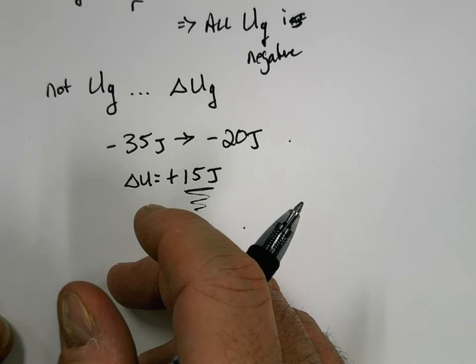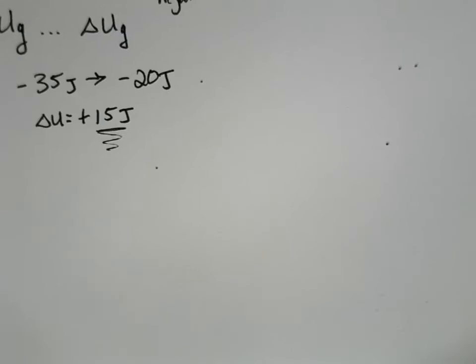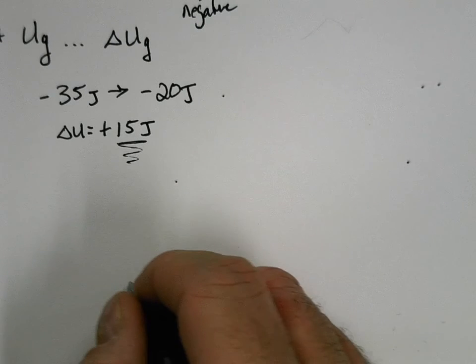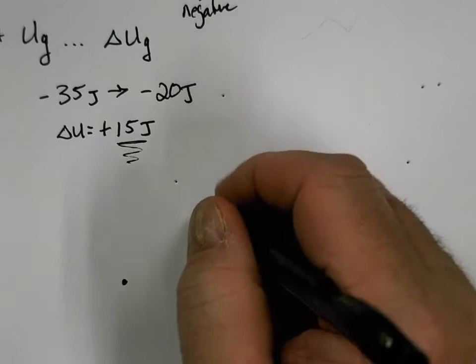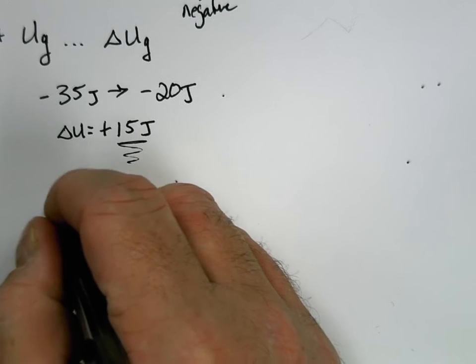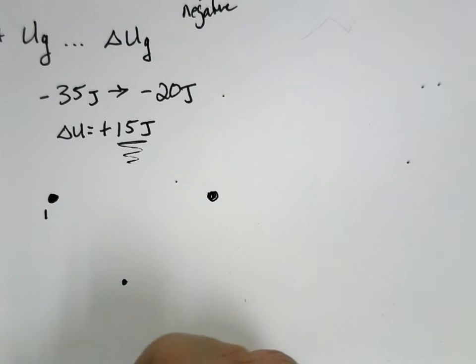All right, let's say we have an object out in space under the potential energy. Here's our mass right here, and there is a massive object over here, and over here, and over here.